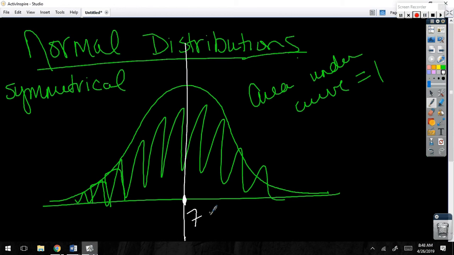What's the probability that a value is less than 7 here? 50%. Remember, we're still talking about probability. Each bar represented probability. If the whole area is 1, then half of it would be 0.5 or 50%, right? I want you to see that we're still talking about probability is what I'm trying to get to.